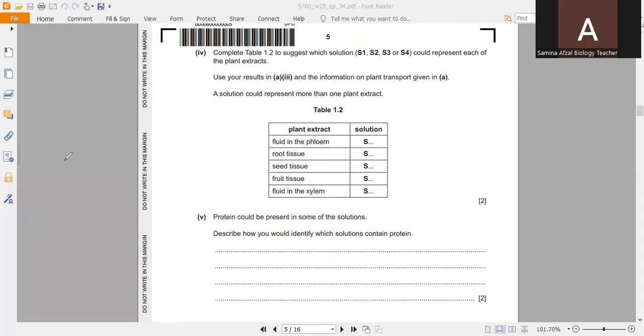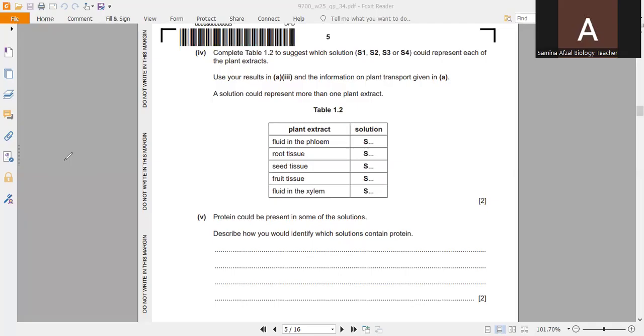Complete table 1.2 to suggest which solutions S1, S2, S3 or S4 could represent each of the plant extracts used. Use your results in A3 and the information on plant transport. According to the colors, you can come to know from the table which you drew in the last question which solution contains what.